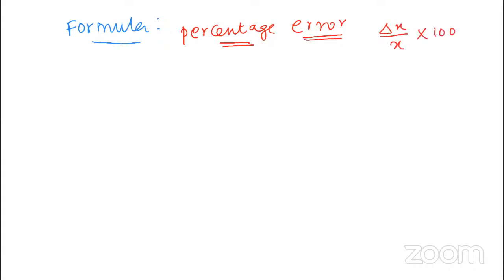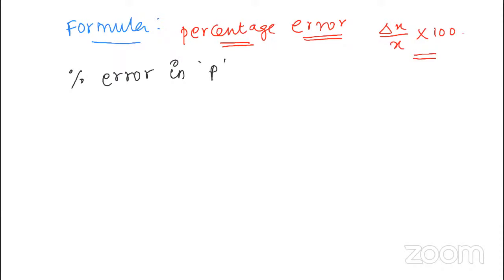So this is the formula for percentage error. So now in this problem, we are calculating the percentage error in the quantity P.